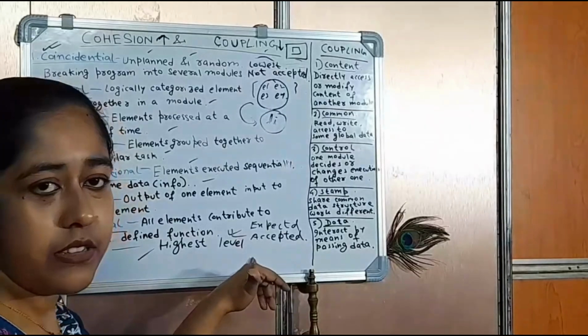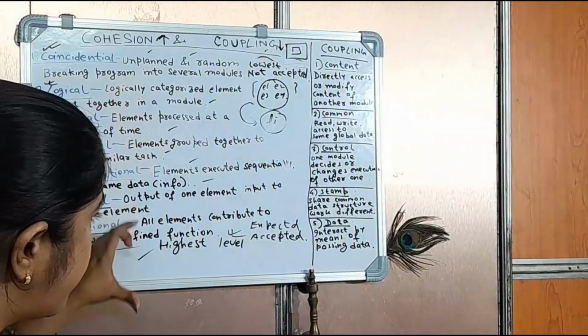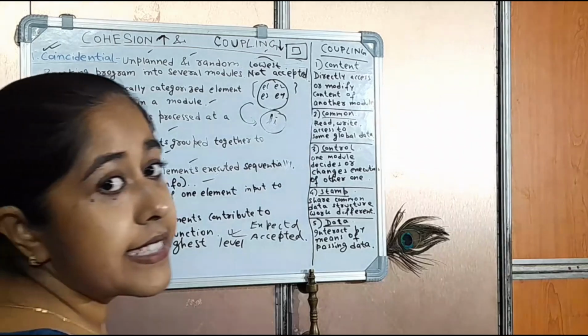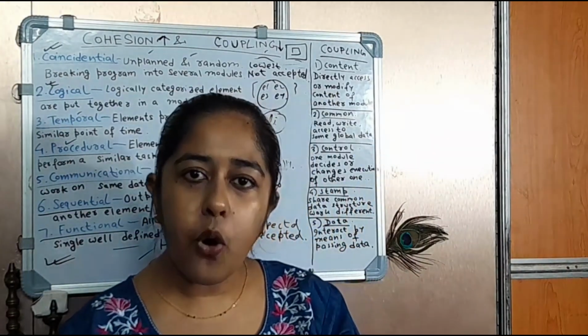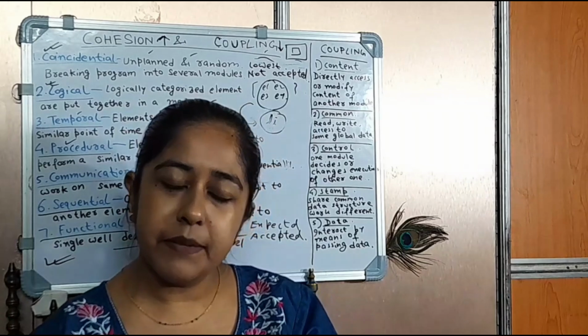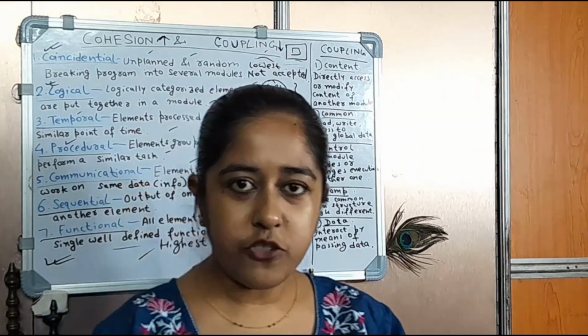This is the highest level, the seventh one. This was unplanned, and going through this we reach the highest level, that is the planned and structured cohesion. Here all the elements are dependent on each other, and they are highly attached with each other.